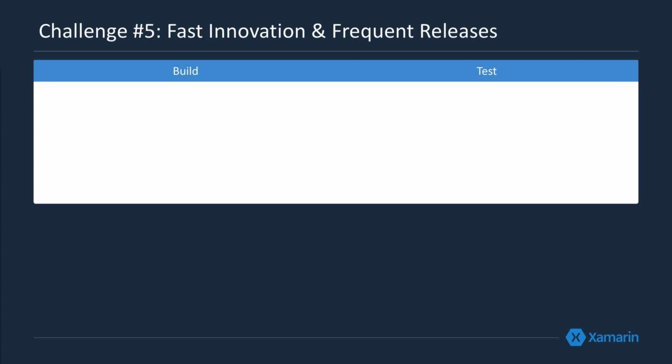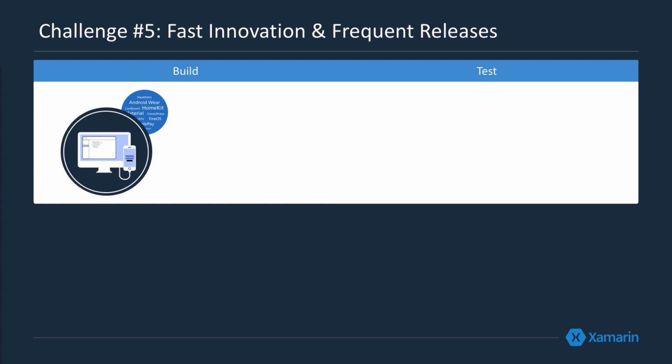And our last challenge is, now that we've built our mobile application, how do we guarantee that we are innovating quickly, that from inception to deployment is only a matter of a couple of weeks or a few short months, demonstrating that we are accelerating our delivery and having frequent releases, providing the latest updates and new innovation on a regular basis.